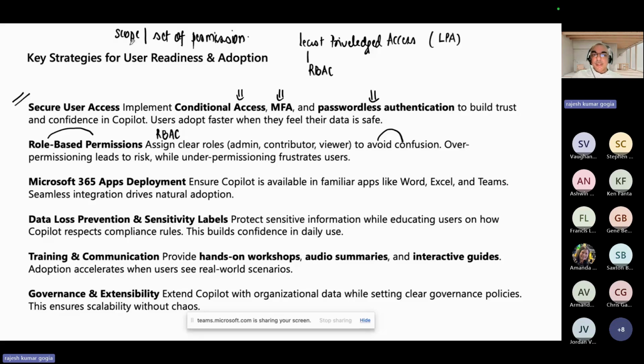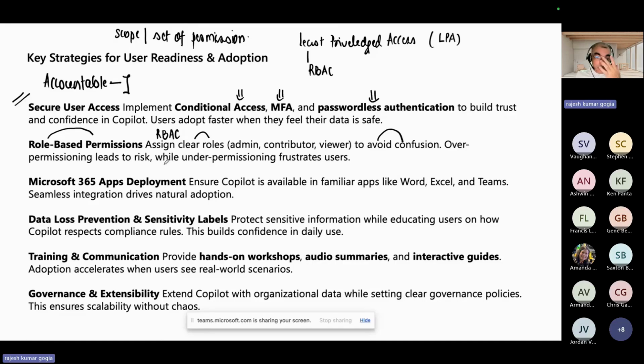Because you're defining a scope and a set of permissions, plus the person to whom you are delegating is also accountable, isn't it? Because the task and the rights which have been given to me, I'm accountable for that. So tomorrow, if something happens with the privilege or the access which has been given, I'm going to be accountable for that. So the people to whom we are delegating should know that they are accountable for the activity which they are going to perform. So this should be very clearly defined.